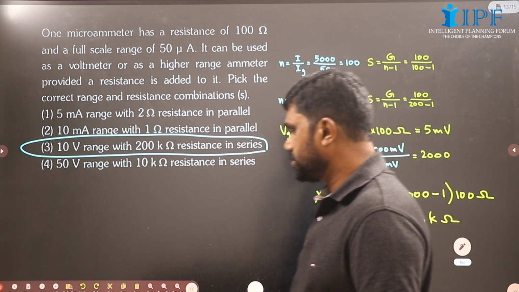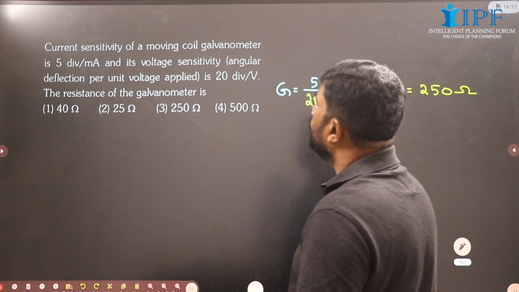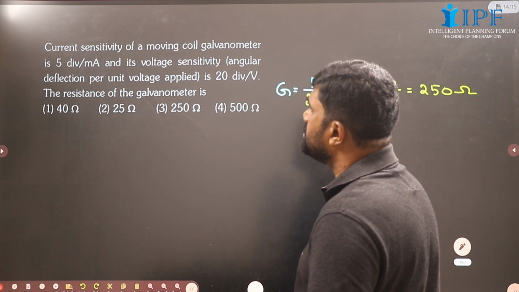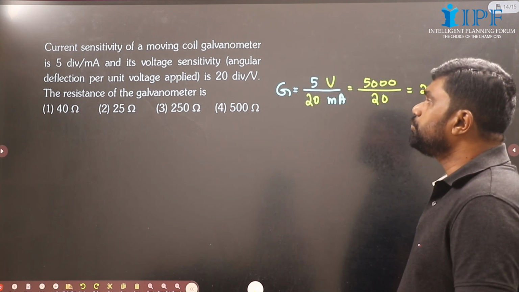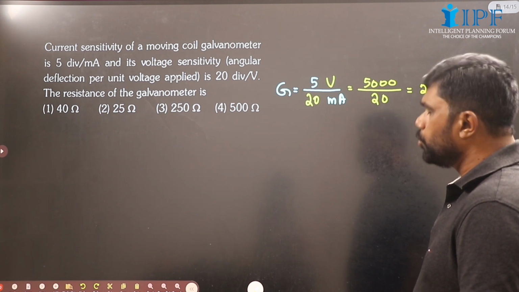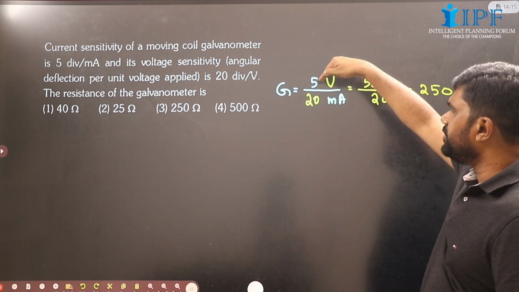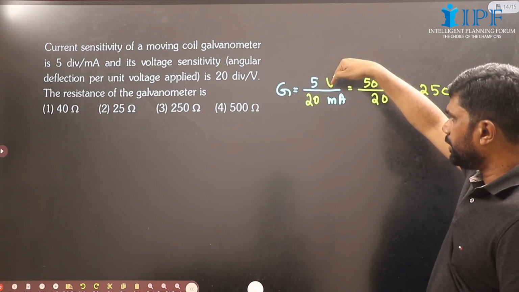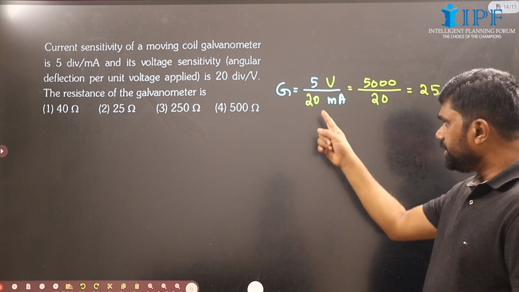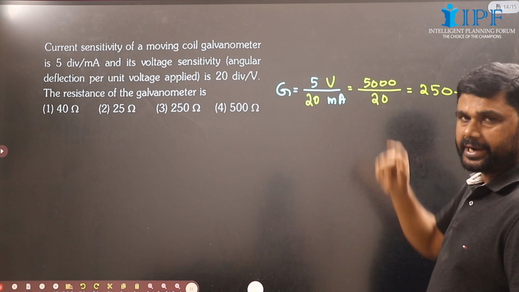Current sensitivity of a moving coil galvanometer is 5 division per milliampere, and its voltage sensitivity is 20 division per volt. See, the current sensitivity is 5 division per milliampere in the numerator, and the 20 division per volt in the denominator will go to the numerator.